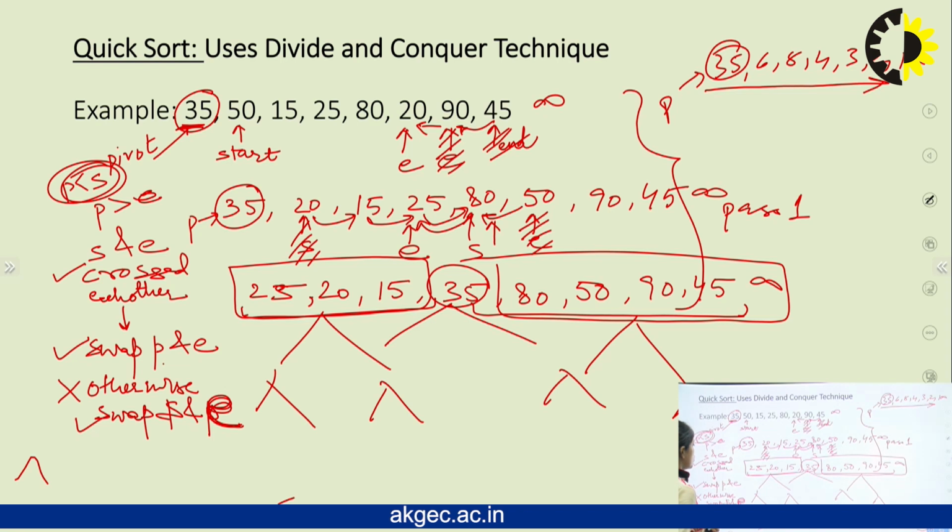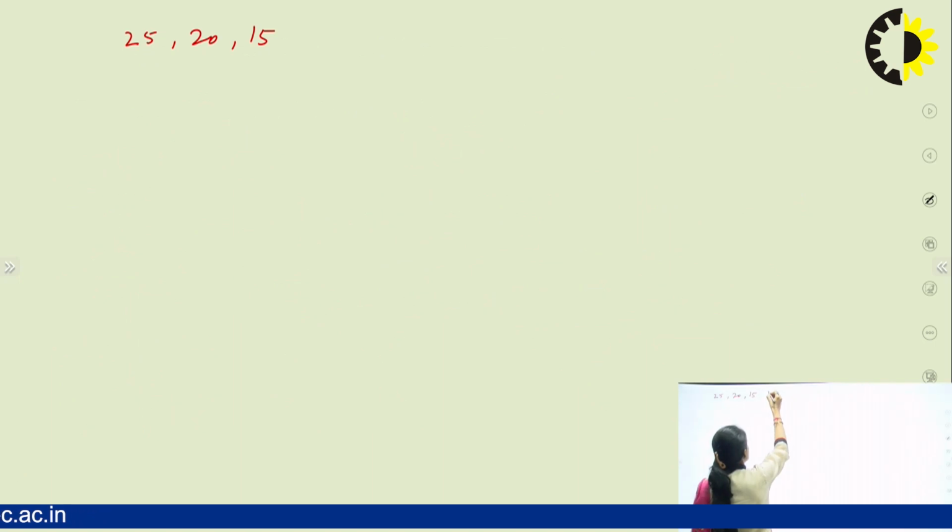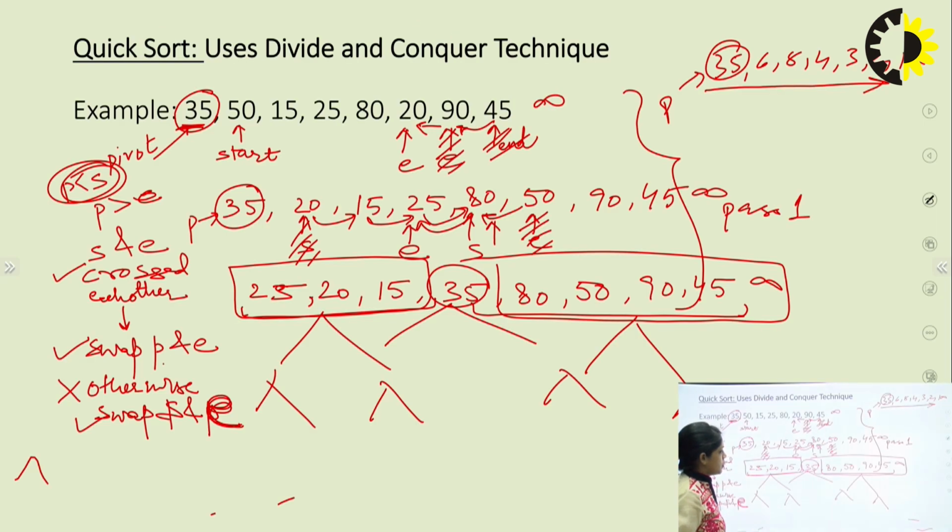So this is the next page. 25, 20, 15. 35, 80, 50. 90, 45.